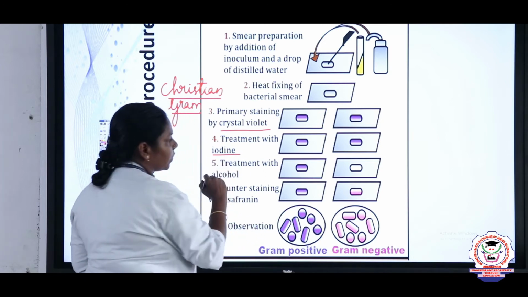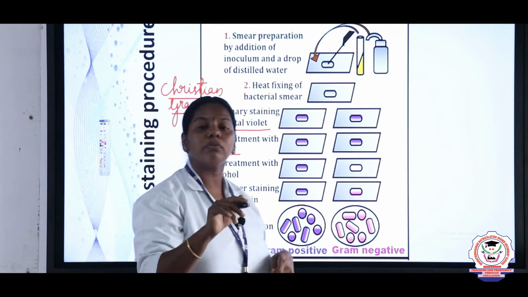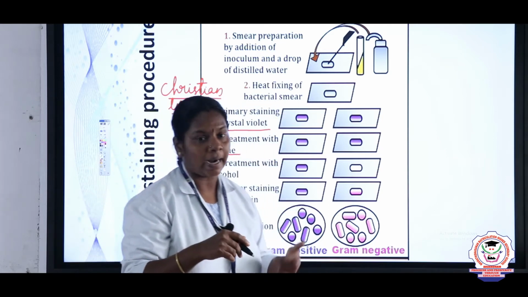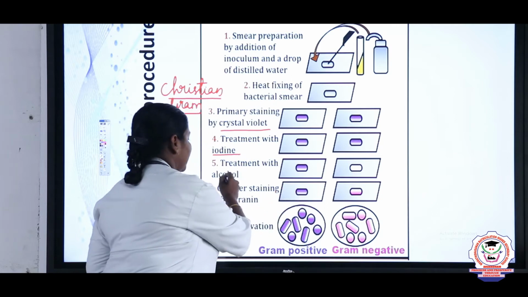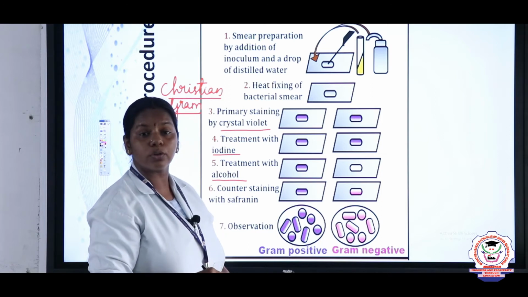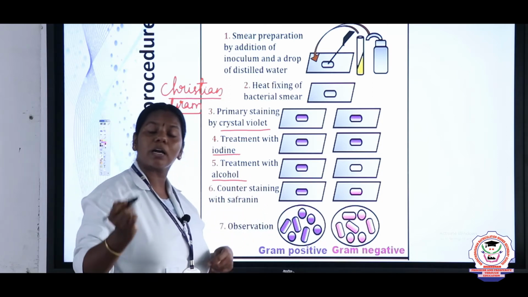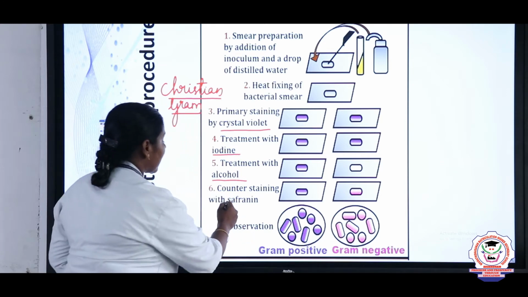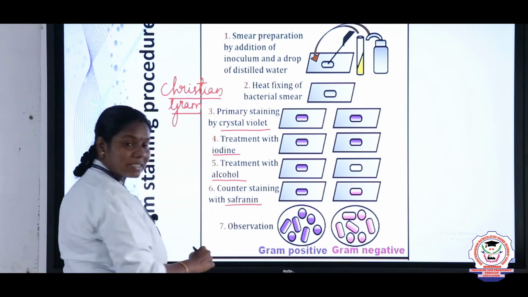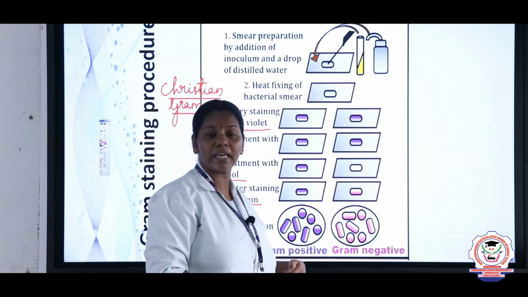We treat it again with iodine, and after a few seconds we rinse it with water, and later we add ethanol, that is 95% alcohol or acetone to it, and after a few seconds we rinse, and we counter stain with safranin. What is it? Safranin. And finally we observe the color.